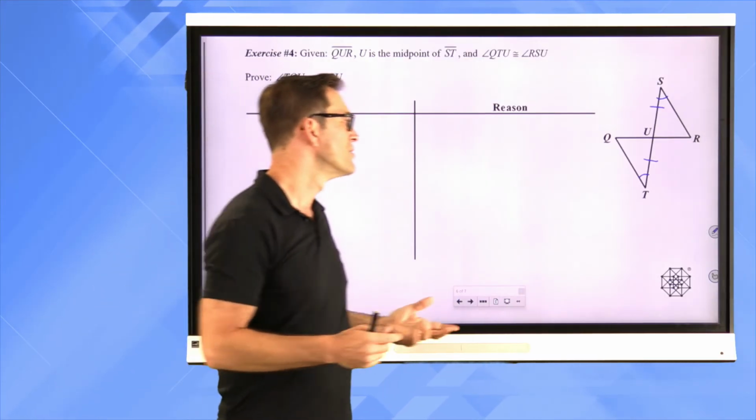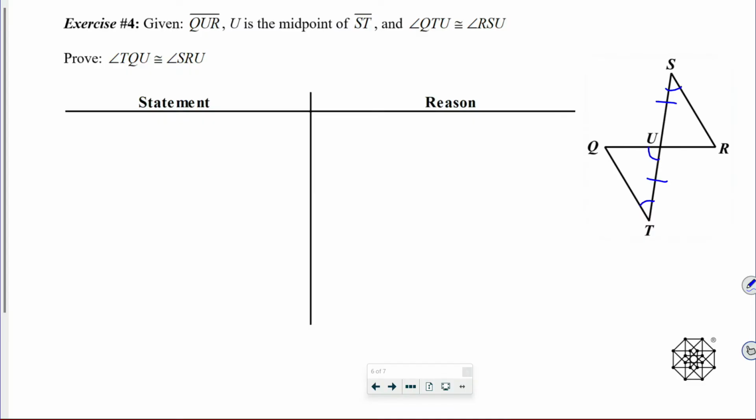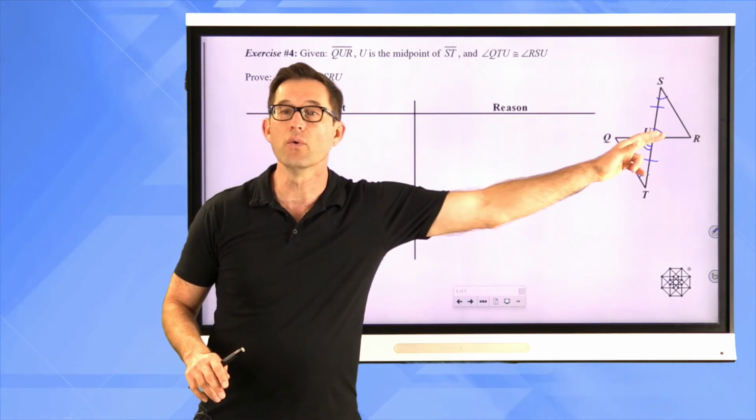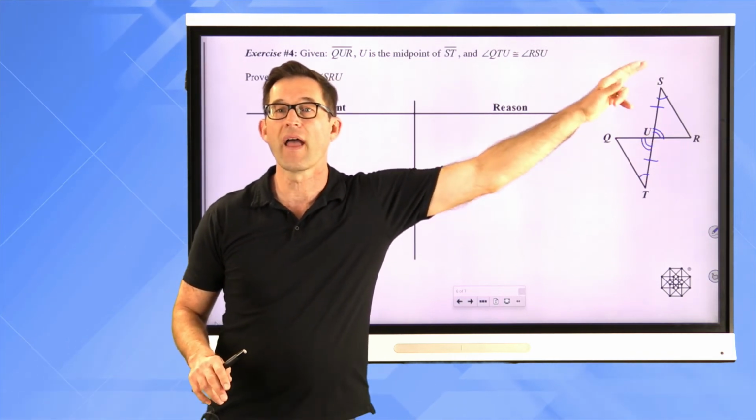All right? So I can now say that angle is congruent to that angle, right? That's going to allow me to conclude that triangle QTU is congruent to triangle RSU.